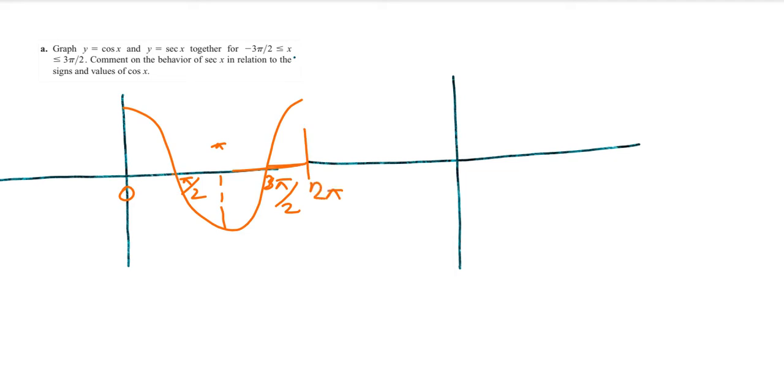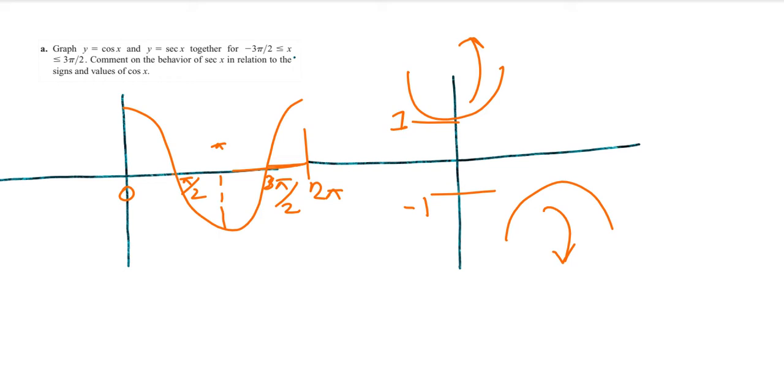All right. So over here is the graph of secant x, and you know that it starts from here and goes up to infinity from both sides. It starts from 0 and ends up at -1.